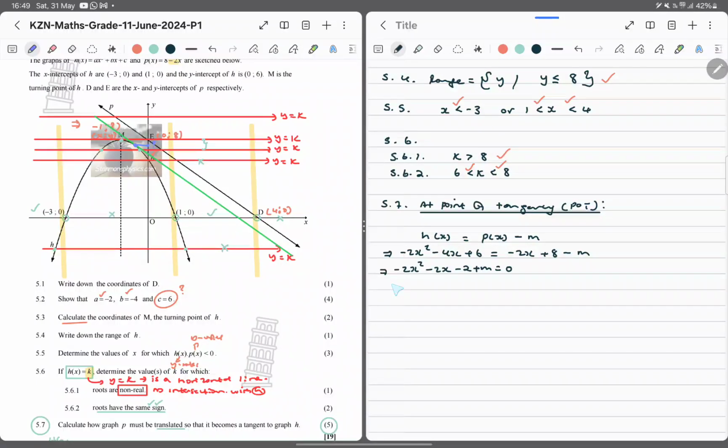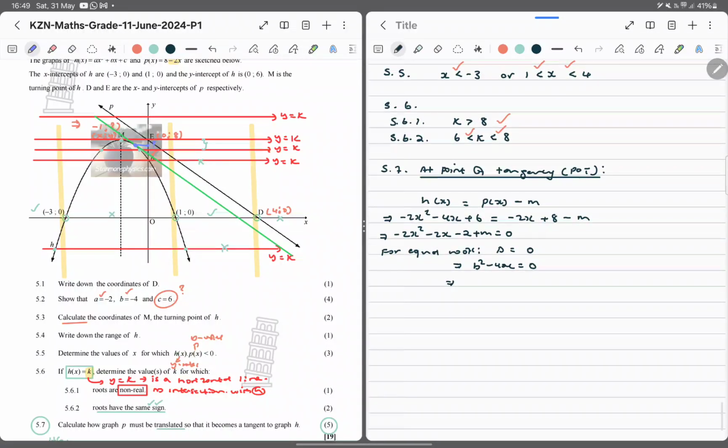Now we can say for equal roots, we know that delta must be equal to 0. This implies that b squared minus 4ac is equal to 0, which implies that minus 2 squared minus 4 into minus 2 into minus 2 plus m must be equal to 0.